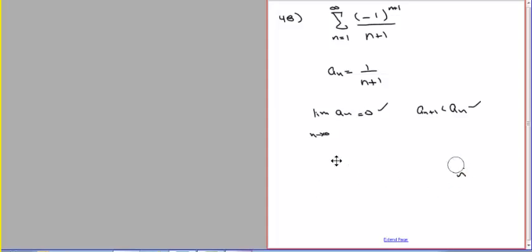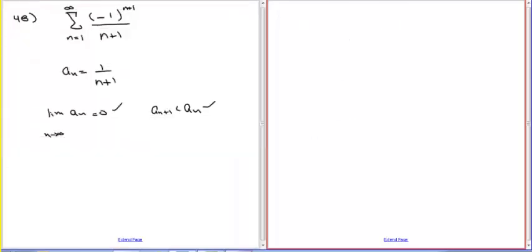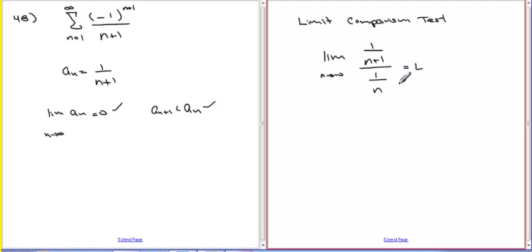So then we have this ratio test. Actually, the limit comparison test. Let's try the limit comparison test. What it says is if the limit as n goes to infinity of the original function to the modified function equals some value L, then if this diverges, then that diverges.